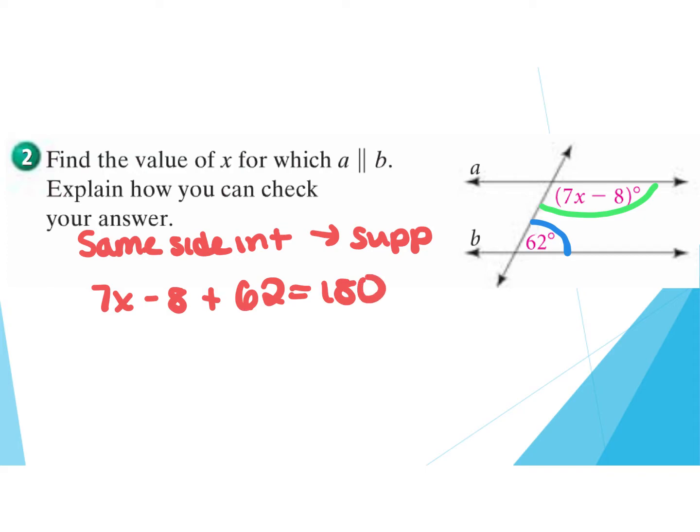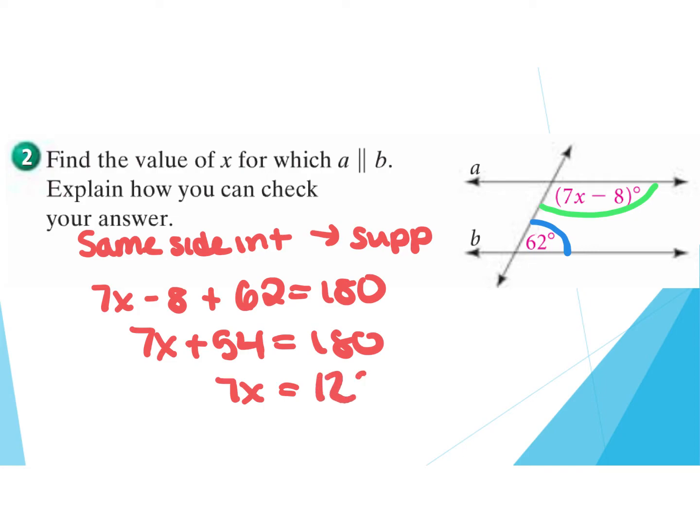So 62 minus 8 gives me that 7x plus 54 equals 180. So I get 7x equals 126, and I divide by 7 to get that x is equal to 18.